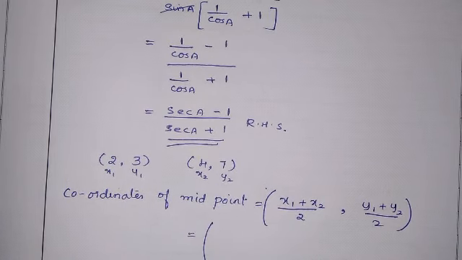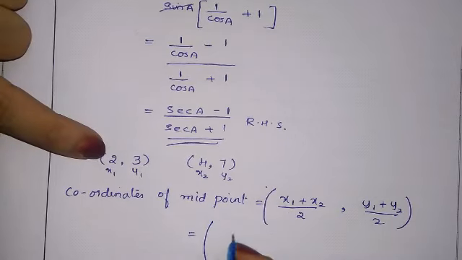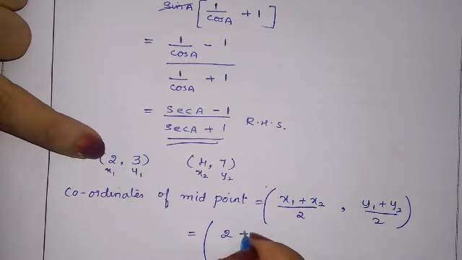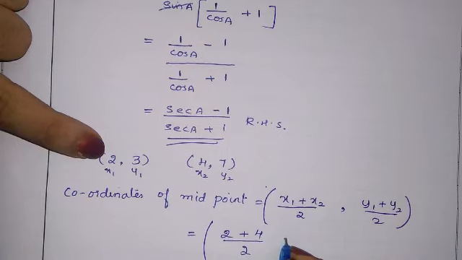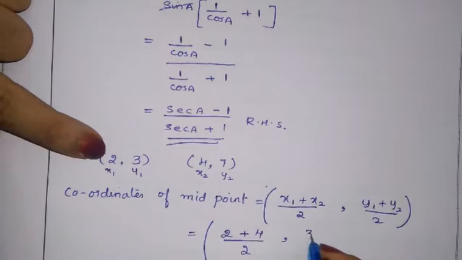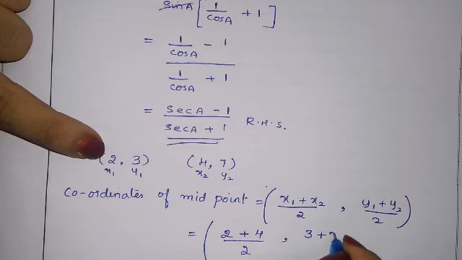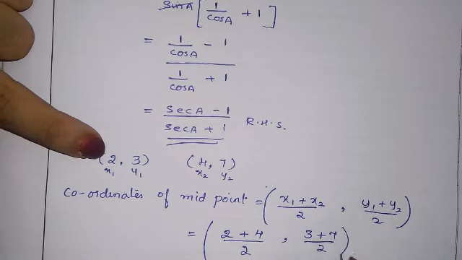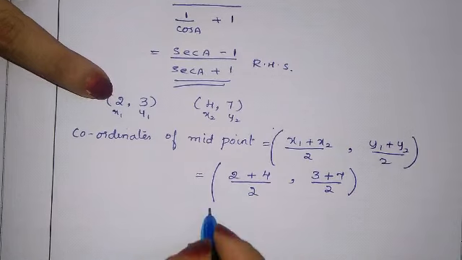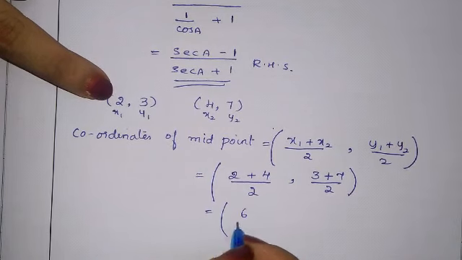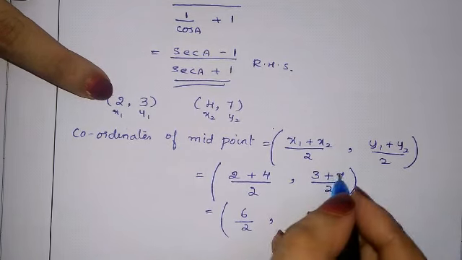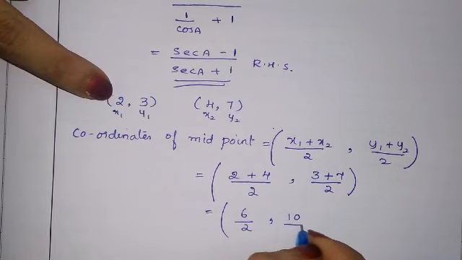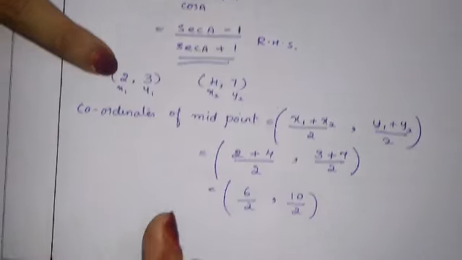We'll substitute now. x1 value is 2 plus, sign as it is, x2 value is 4, by 2, comma y1 value is 3 plus y2 value is 7, by 2. Okay, so 4 plus 2 is 6 by 2, comma 7 plus 3 is 10 by 2.